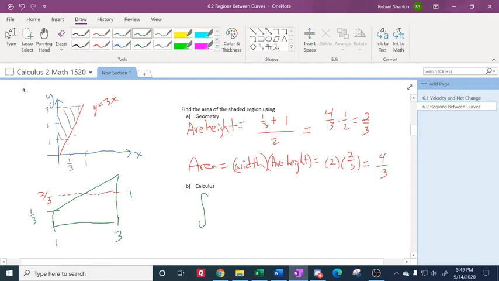Suppose we did this, instead of y equals 3x, let's solve for x. Divide both sides by 3, x equals 1/3 y. Now, that is a valid equation of this red line, just as valid as y equals 3x.